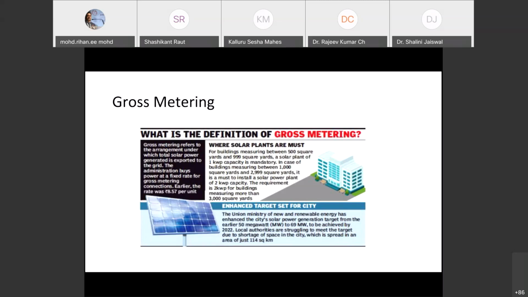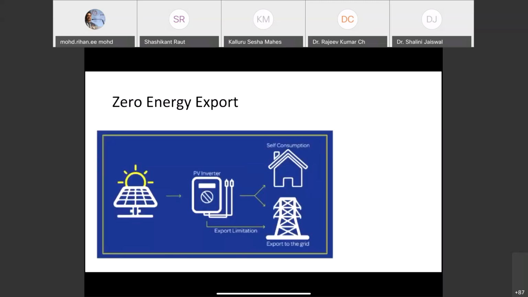Now I come to the third part. This is called zero energy export. Why am I discussing it? You need to understand. Suppose you are not a residential consumer, and you are not an agriculture consumer. Suppose you are a school or a college or a university, and you want to install a solar plant.